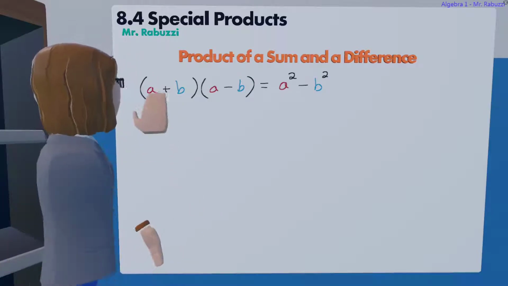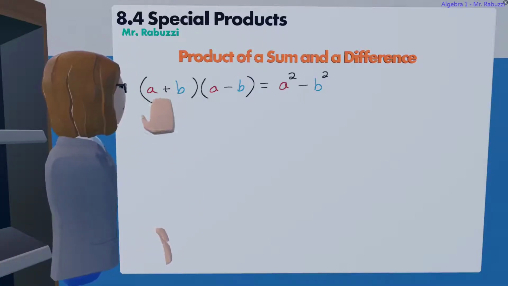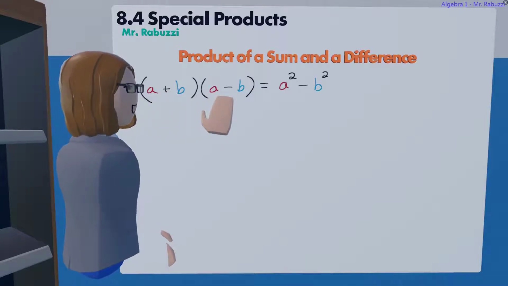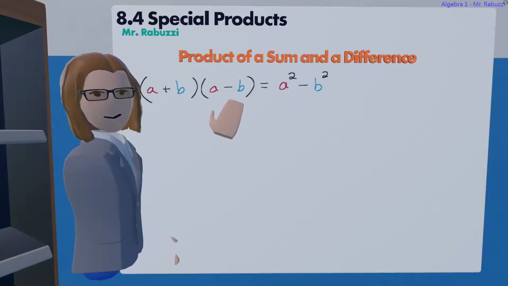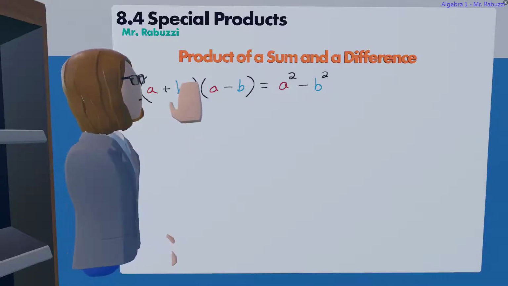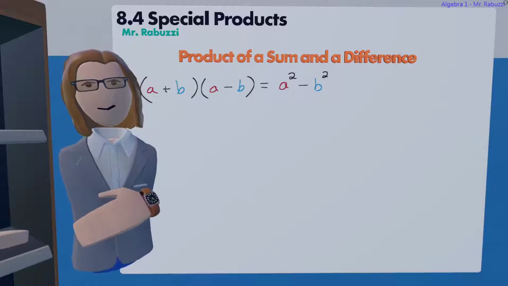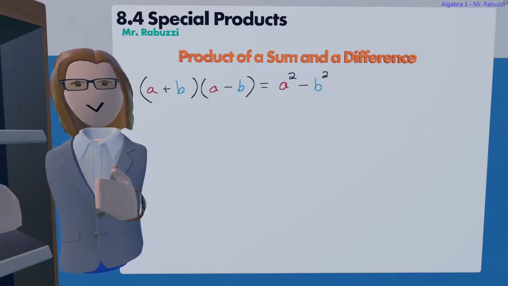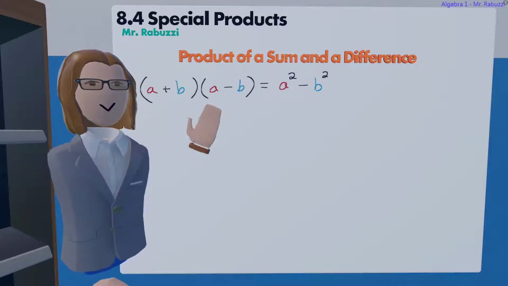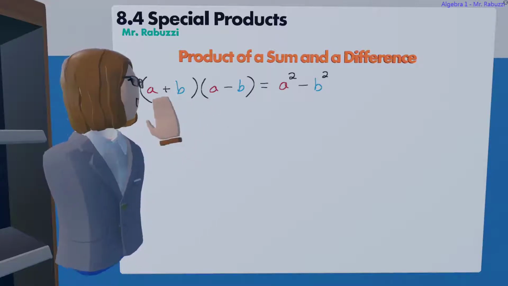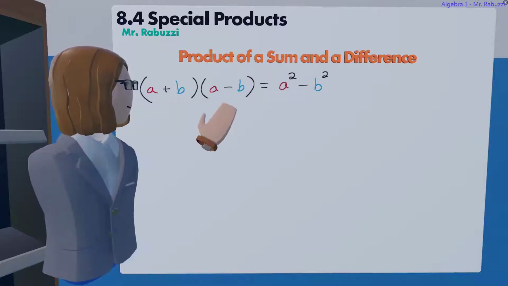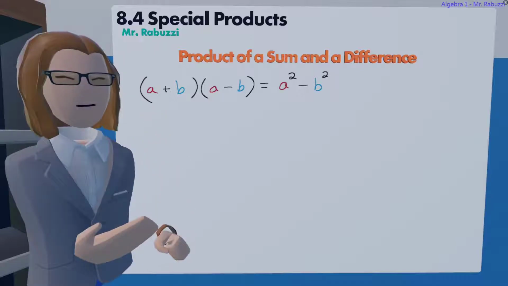Okay, we have a sum here, a plus b, and we have a difference here, a minus b. So now we have the product of a sum and a difference, right? The other ones were only sum or only difference. Now we've got both.